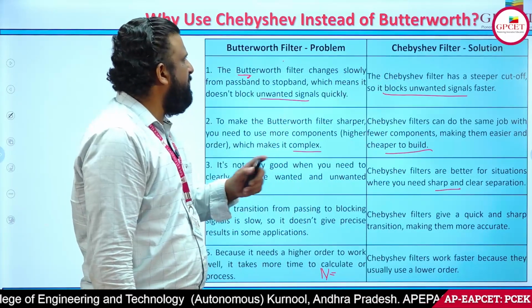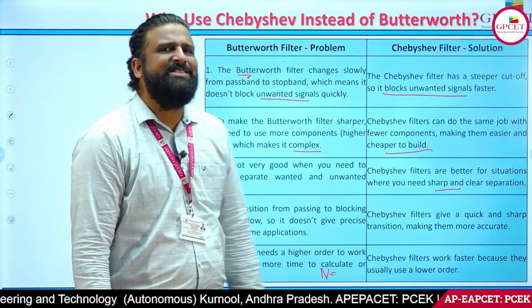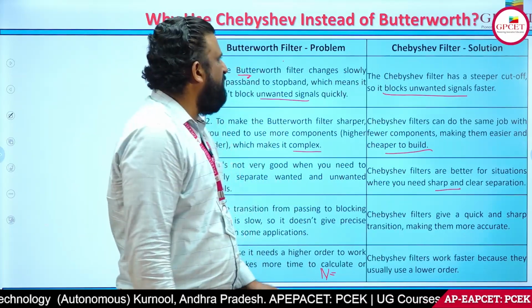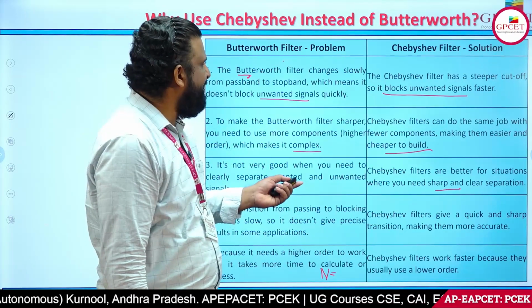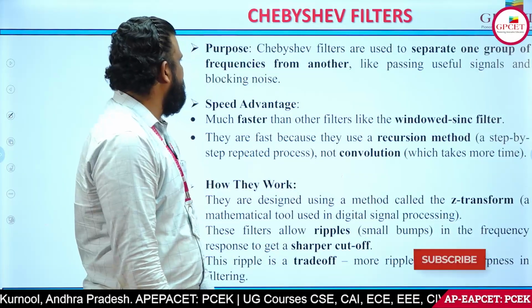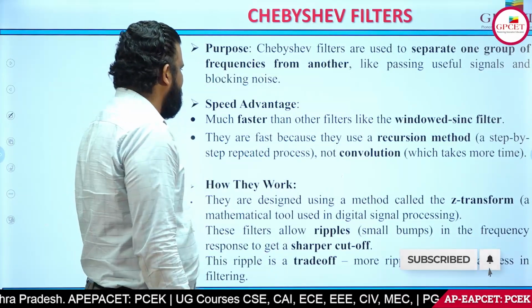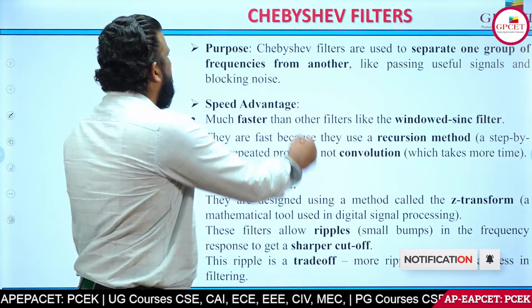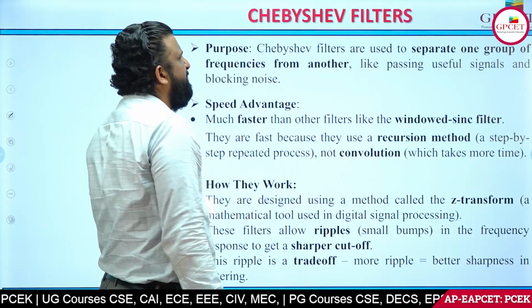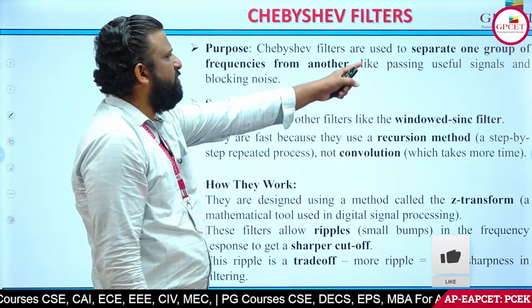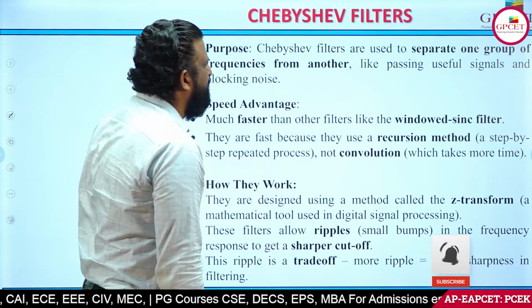So based on the advantages present in the Chebyshev filter, let me see some of the introduction related to the Chebyshev filter. Already we have discussed this, we will just recall. What is the purpose of using this Chebyshev filter? Just to separate one group of frequencies from another.